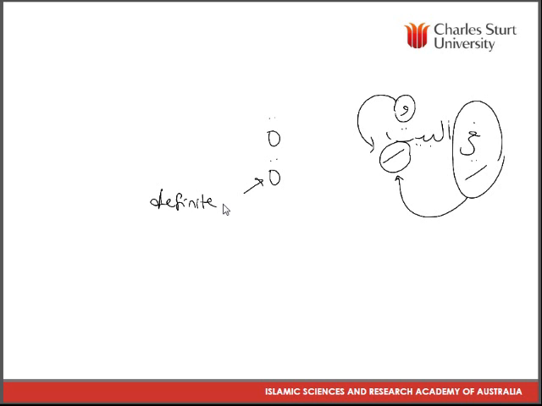If there is an L, you shouldn't use tanween. If there is no L, you should use tanween. For the fourth question, they are proper nouns. Remember, as we explained, Hamidun or Fatimatu. If it is a feminine name, there shouldn't be tanween. If it is masculine, there should be tanween.